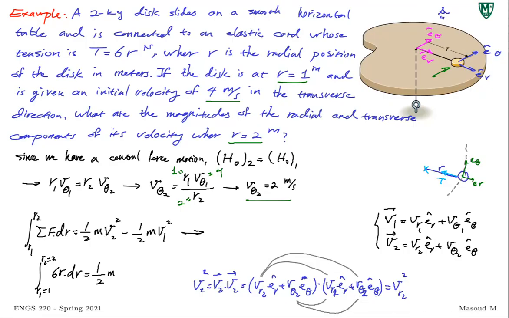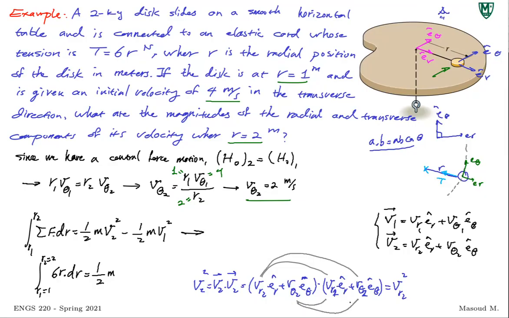vr2 er times v theta 2 e theta: er times e theta is a dot product of two perpendicular vectors. Remember, what is dot product? A dot B is AB cosine theta, cosine of the angle between them. So if you have two vectors that are perpendicular, cosine 90 degrees is 0. So that becomes 0. Same story for v theta 2 e theta times vr2 er. e theta dot er, perpendicular, becomes 0.